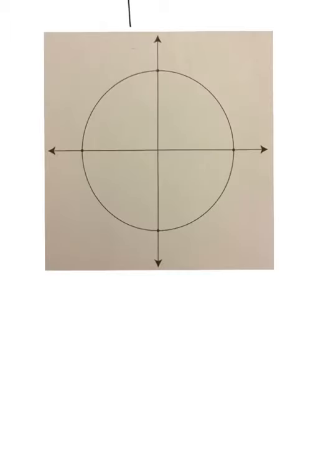I'm going to use this figure to help you understand why the definition of the trig functions within a circle is what it is. So let's think about if we had an angle that ended in the first quadrant. So here's my theta.